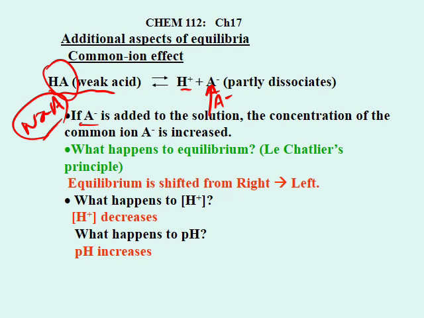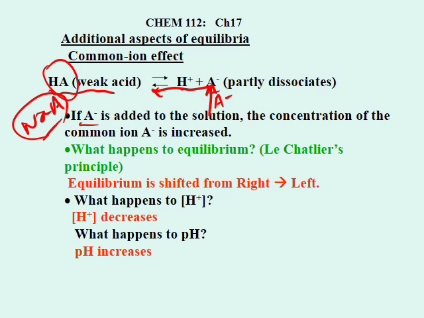So equilibrium would be shifted to the left. In other words, A minus would be used up. When A minus is used up in forming HA, H plus is also going to be bonded. So H plus concentration is going to decrease. Decrease in H plus concentration means increase in pH.